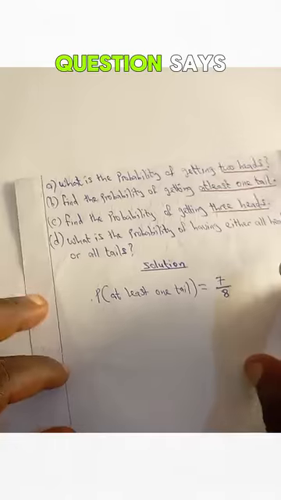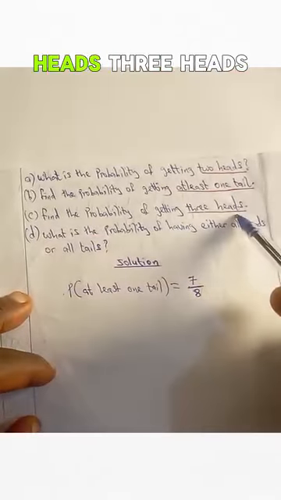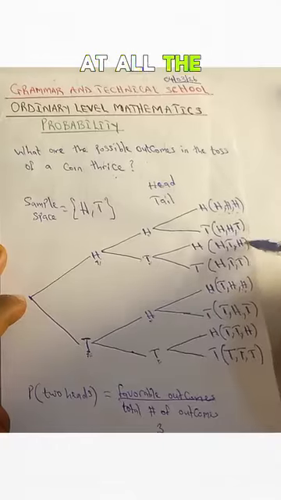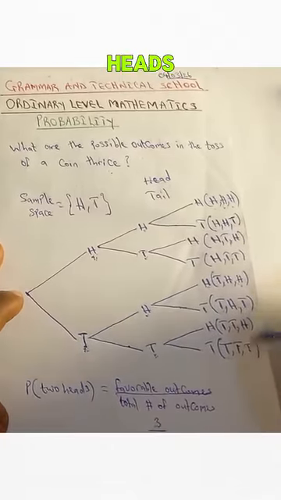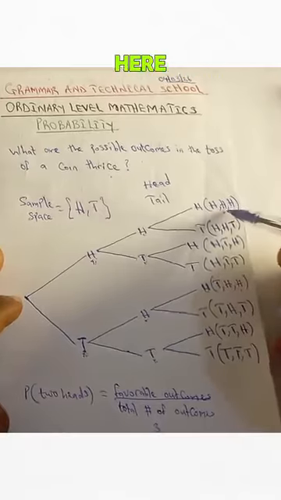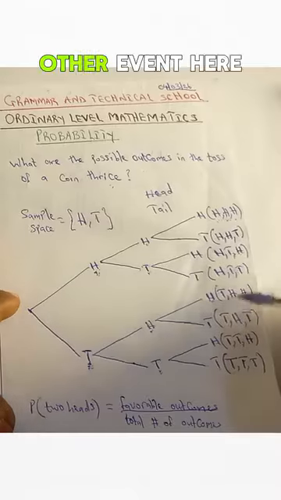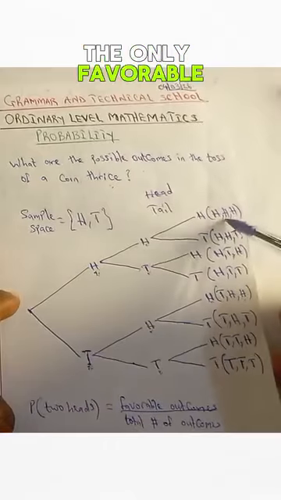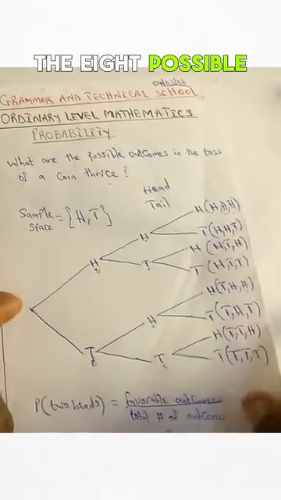Now the next question says, find the probability of getting 3 heads. If we go back to our sample space and look at all the events, which of these events has 3 heads? Well, this is the only event here that has a head, a head, and a head, 3 heads. There is no other event that gives us 3 heads. So the only favorable outcome is 1 out of all the 8 possible outcomes.